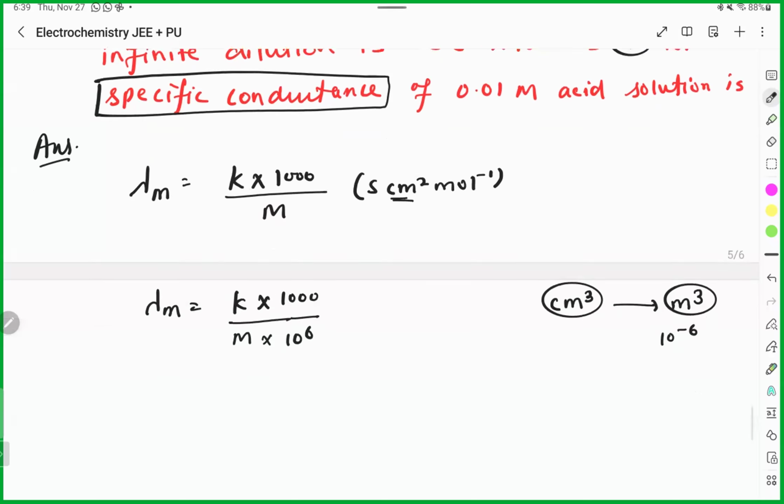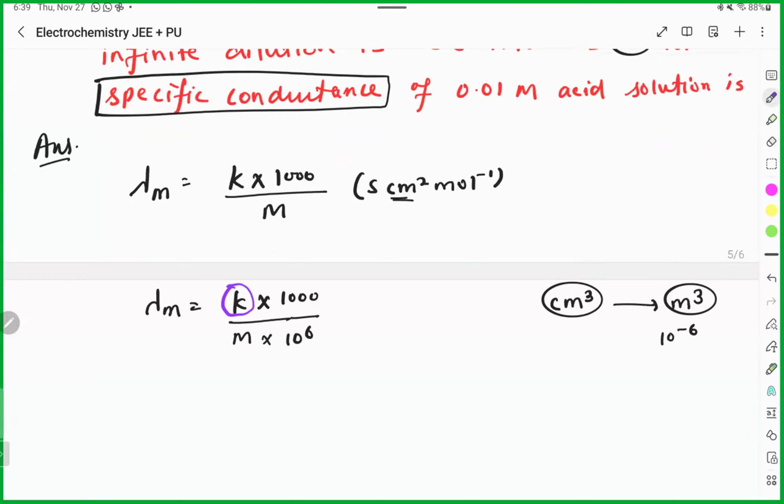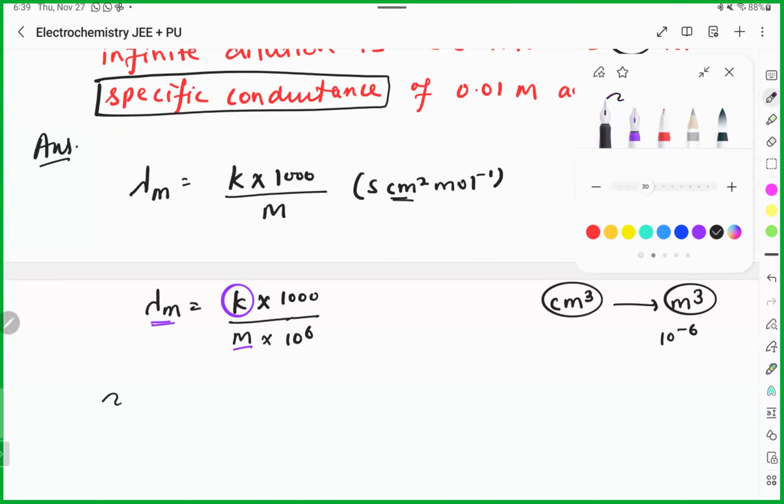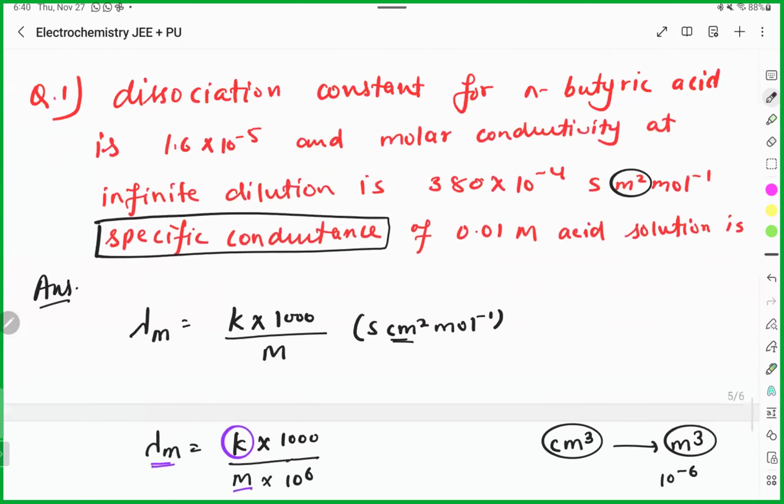So it means if you want to calculate this kappa, you should know the molarity. You have this, but you don't know the molar conductivity. How to calculate molar conductivity? Alpha is equal to molar conductivity over molar conductivity at infinite dilution.